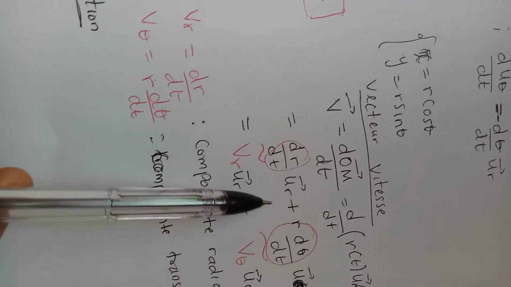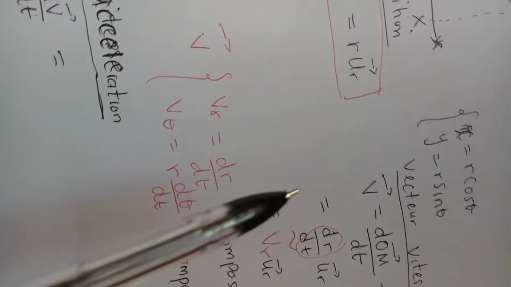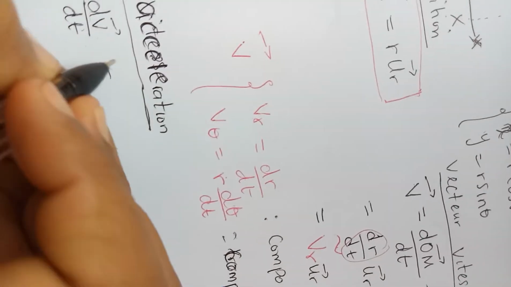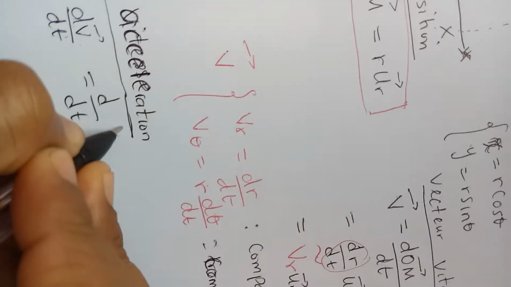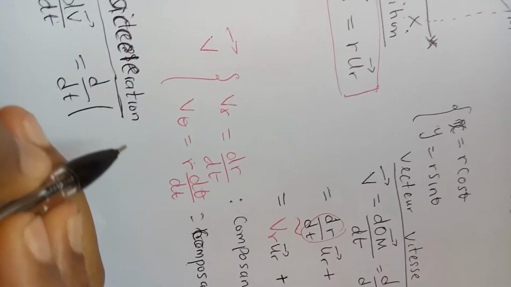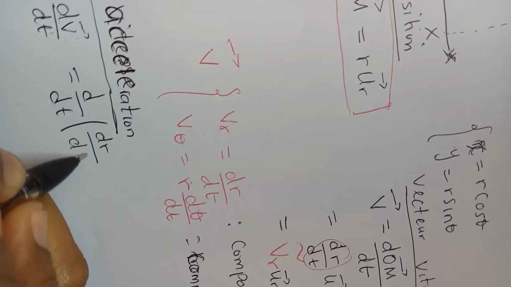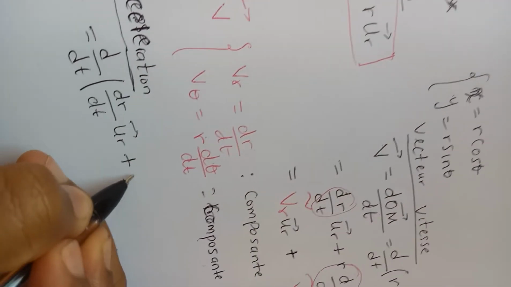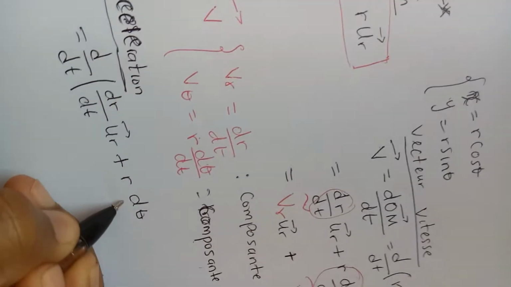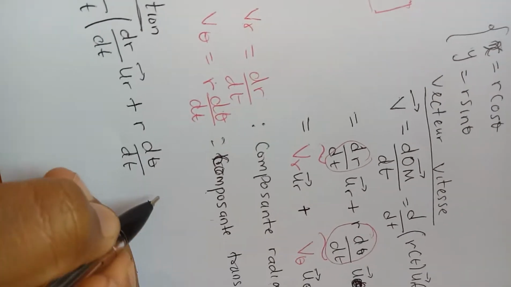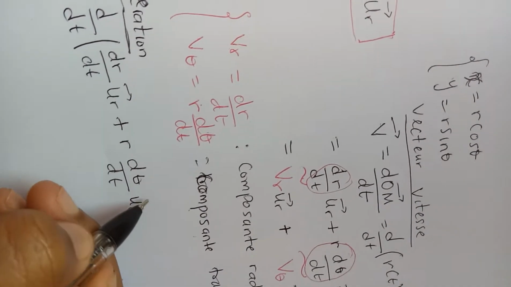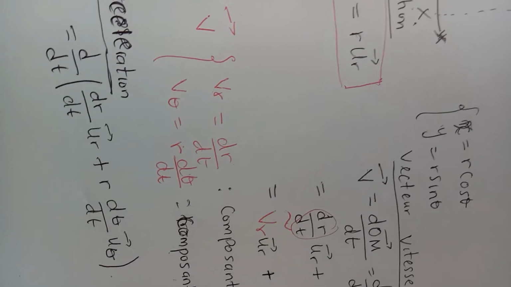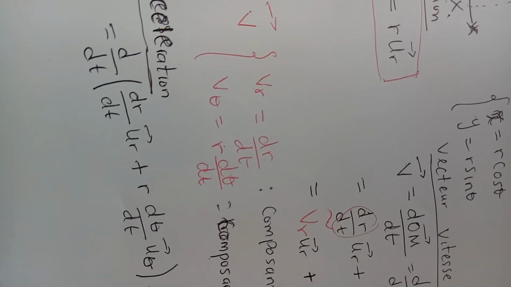This v, it was this, right? So this is what we're going to have: d dt of dr over dt ur plus r d theta over dt u theta.